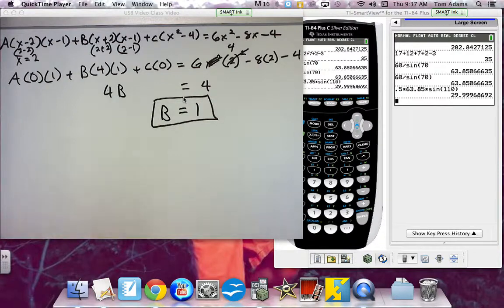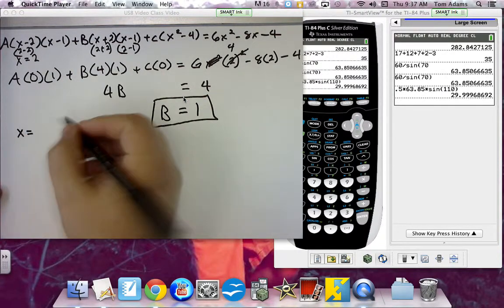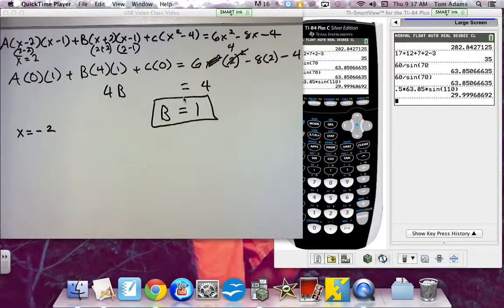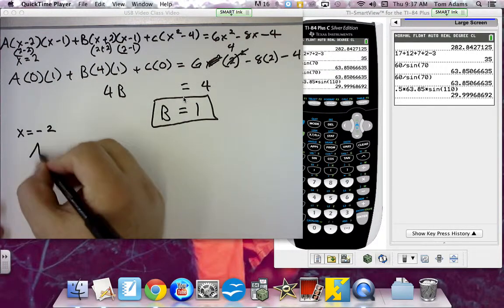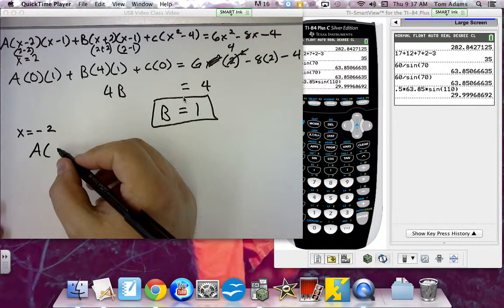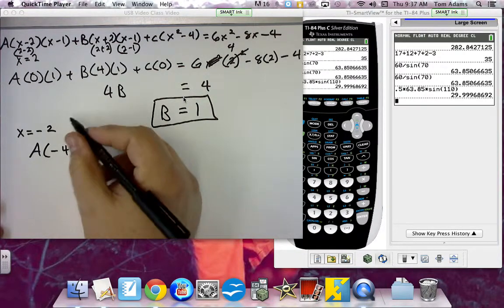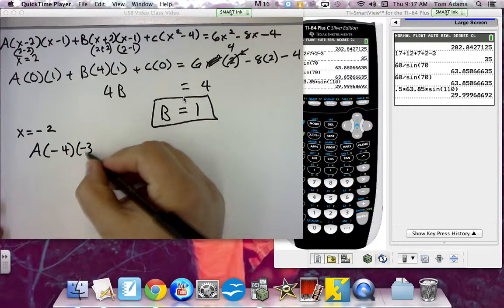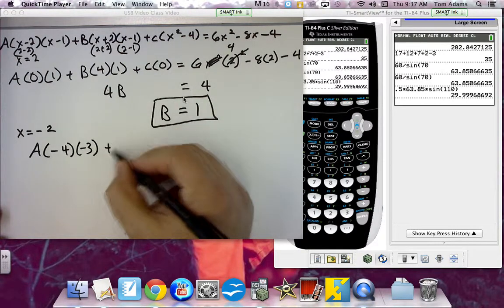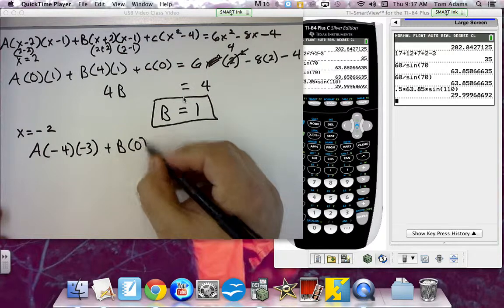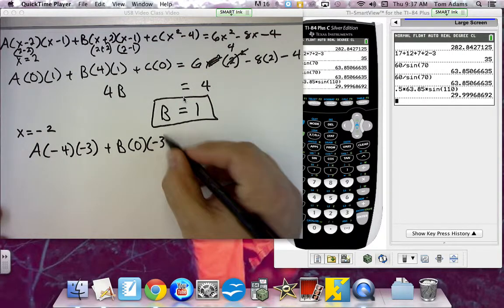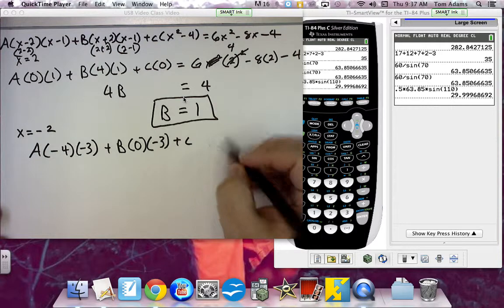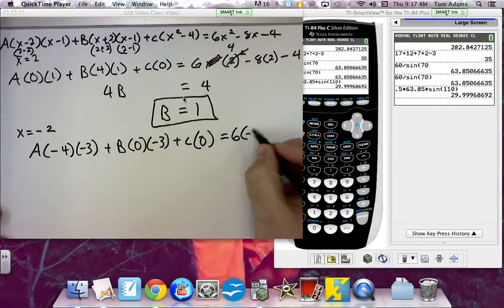Good. Now if I take the same thing and let x equal negative 2, then I get A times negative 4 times negative 3, plus B times 0, plus C times negative 2 squared minus 4, which is 0. And then I've got 6 times negative 2 squared minus 8 times negative 2 minus 4.